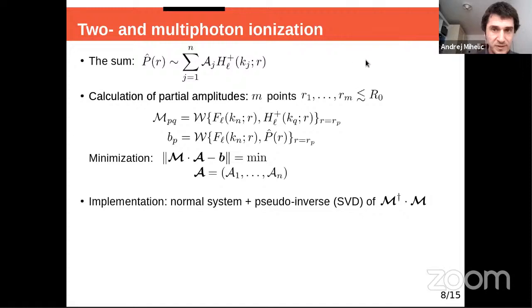The only condition is that they must be from the part of space where the asymptotic form of this function is already valid.